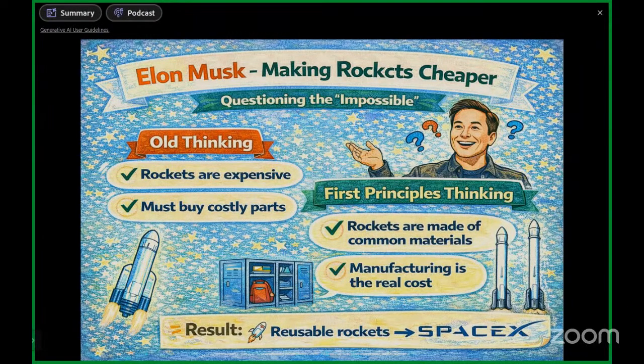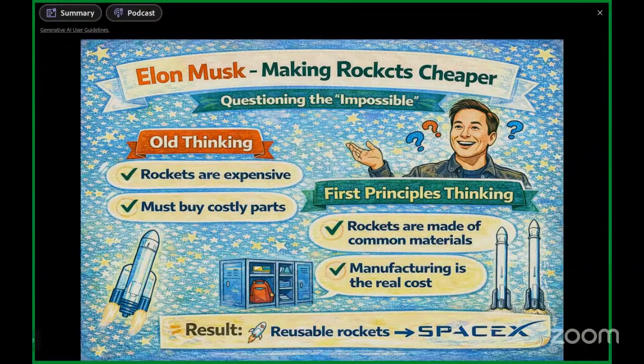And he understood manufacturing is a real cost. If we reuse the rockets again and again, then you are cutting the manufacturing cost, and it helps in bringing the cost down. That is the basic principle behind SpaceX. SpaceX is a rocket company launched by Elon Musk, which came up with the innovative idea of reusable rockets.